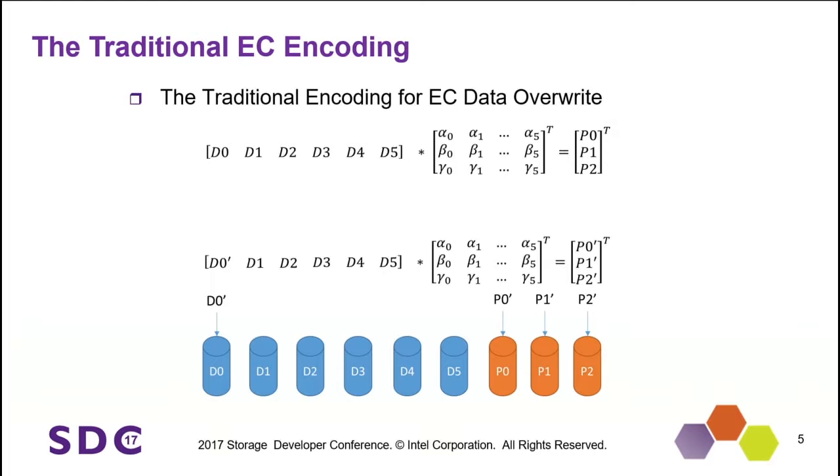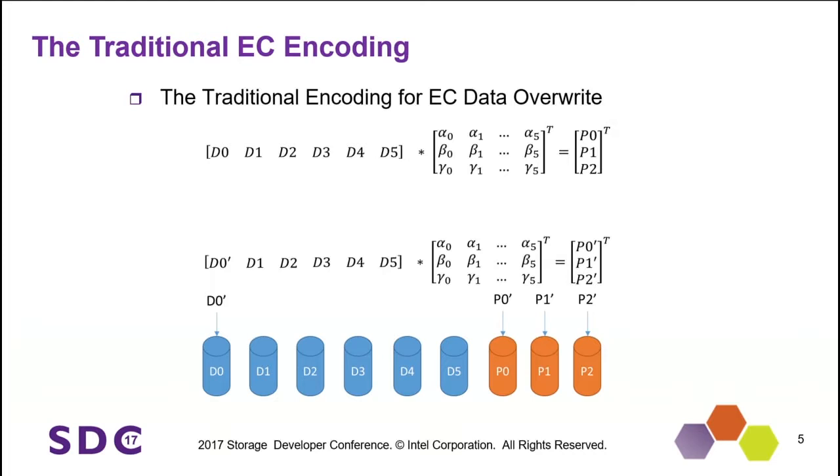From the diagram, you may find that if only one source vector is changed, all the parity vectors also need to be changed. This overwriting leads to corresponding parity changes. It is the overwrite penalty.